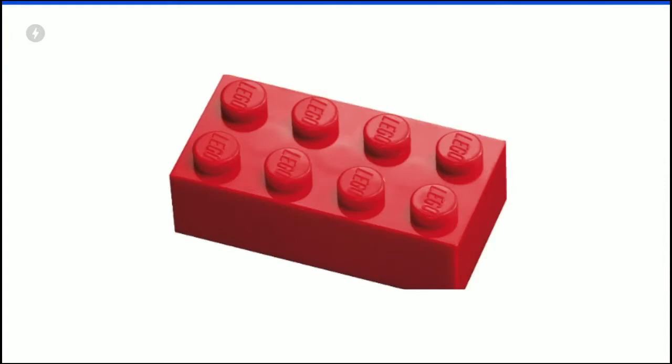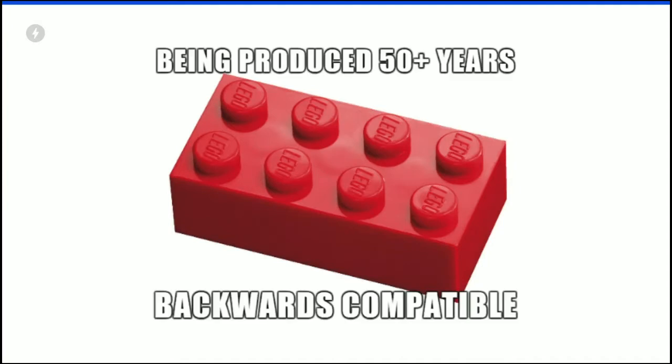All right, so now we have a wild Lego appearing on our slides. There are a few things that make Legos great, but part of it is that it's one of the best cases of backwards compatibility.